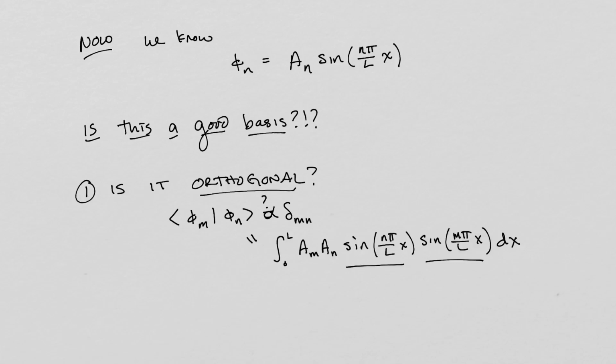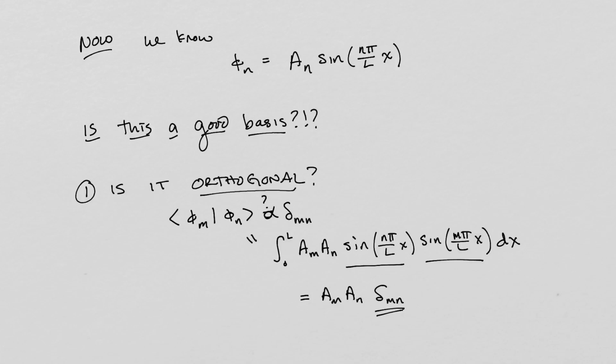Which is kind of remarkable, right? And so this integral ends up being a sub m, a sub n, times delta mn, okay? And that delta mn really comes from the properties of these transcendental functions and how you integrate them together, which is also kind of cool, okay?